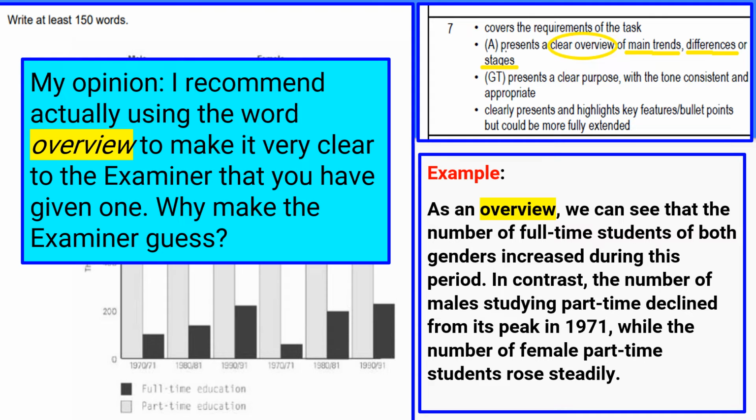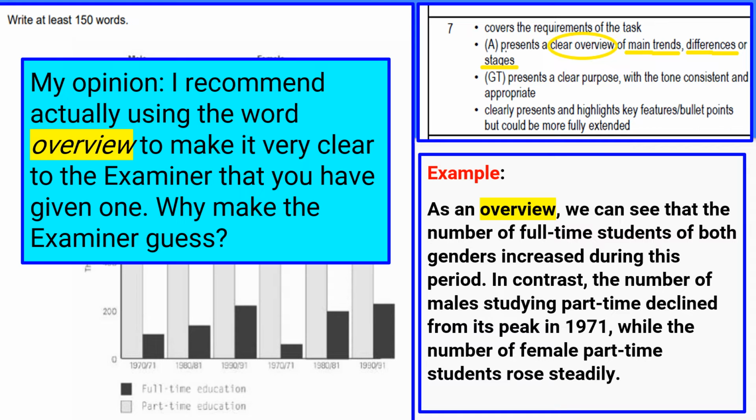You'll notice that my example actually used the word overview. I coached Dr. Emily to use the word overview. A test taker could begin this sentence by saying, a main trend is, or an important difference is, but I recommend that you use the actual word overview so that you are making it very, very clear to the examiner that you've provided one.